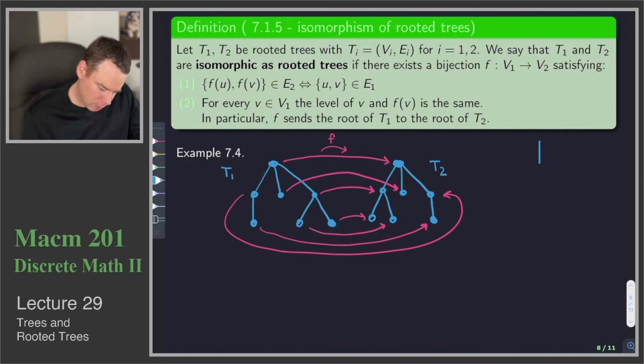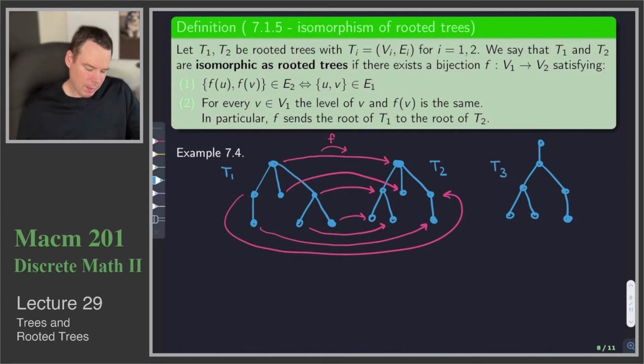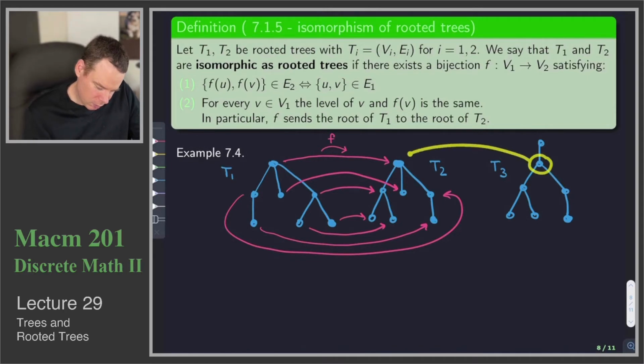And this is as opposed to something like this, where I've got this tree, T3, and T3 is isomorphic to T1 and T2 as graphs. So for example, this vertex and that vertex, they correspond to each other. This one and this one up here, they correspond to each other.